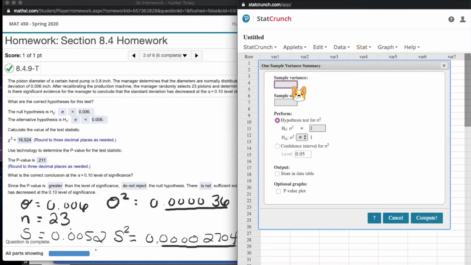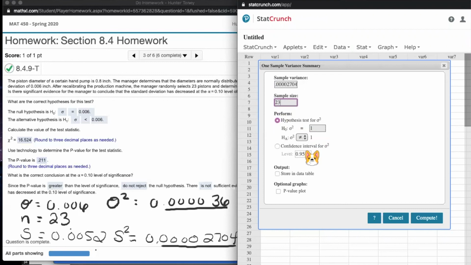We want to enter our sample variance, which would be our sample standard deviation squared. So this bottom number, 0.00002704. I know it's a lot of zeros, but we know our sample size already. We only took out 23 pistons, so we can just enter 23.